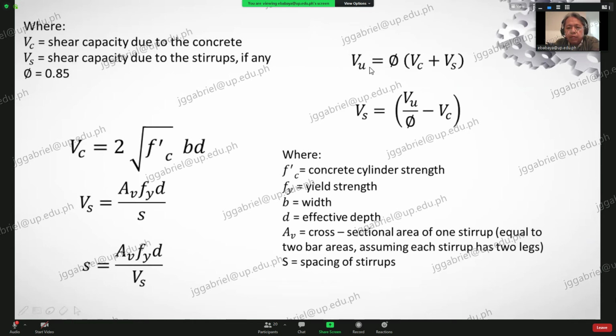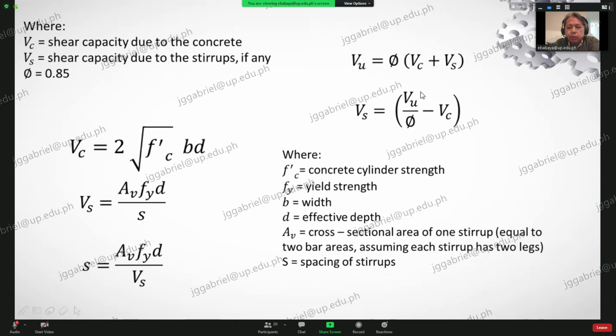Now, Vu, ultimate shear, we equate that to phi times Vc plus Vs. This equation can be rewritten in this form if your unknown is Vs, the required shear contributed by the stirrups.